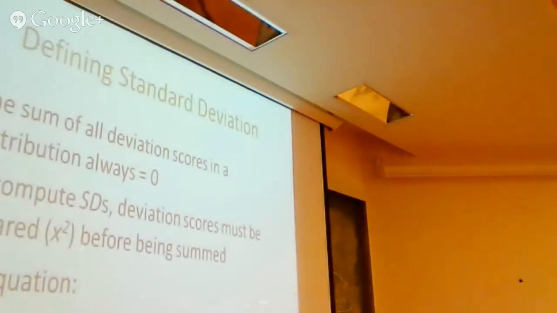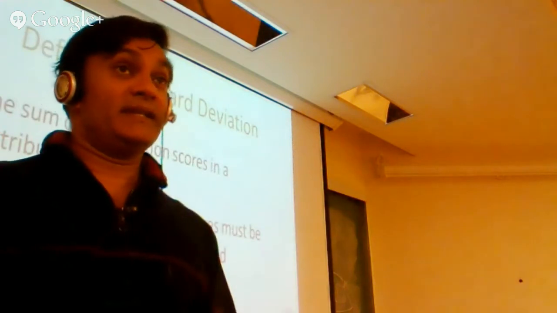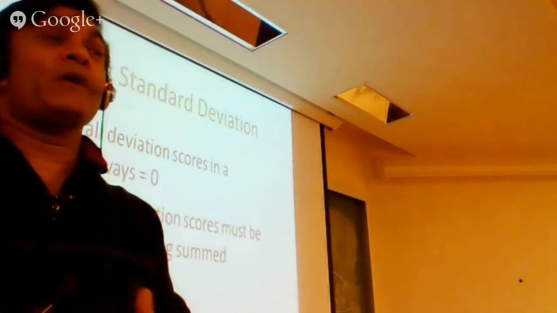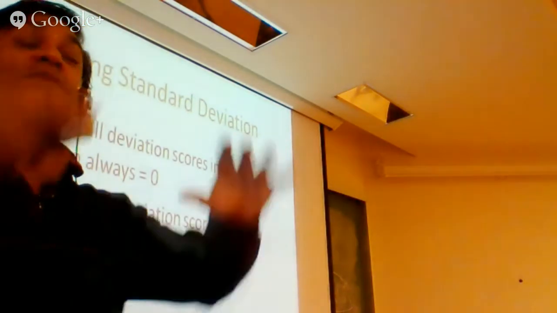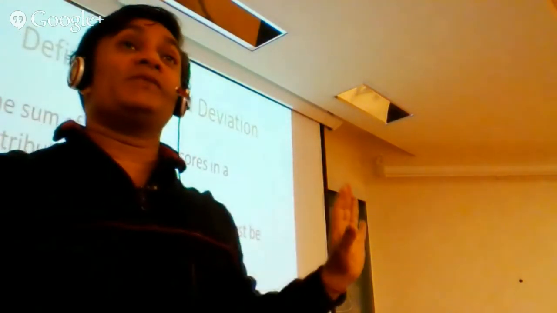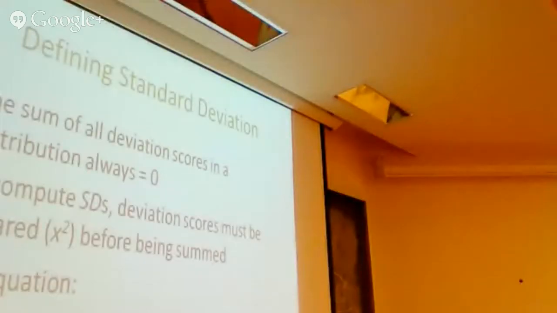The book won't tell you this, but this is the formula for the statistic of the standard deviation. The statistic, again, is the standard deviation of my sample. The parameter of the standard deviation is the standard deviation of the reference population. The formula for the standard deviation of the reference population doesn't have the minus 1.